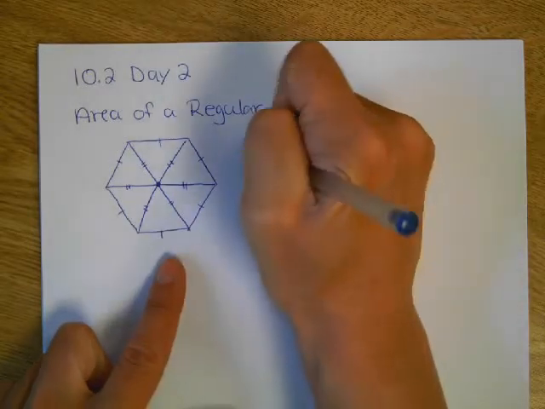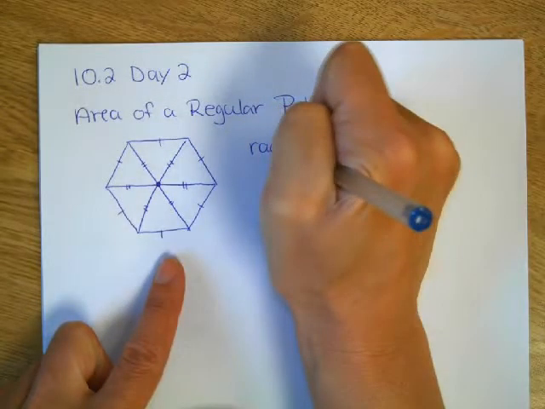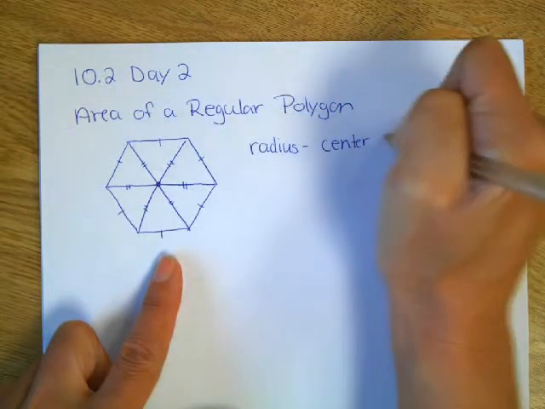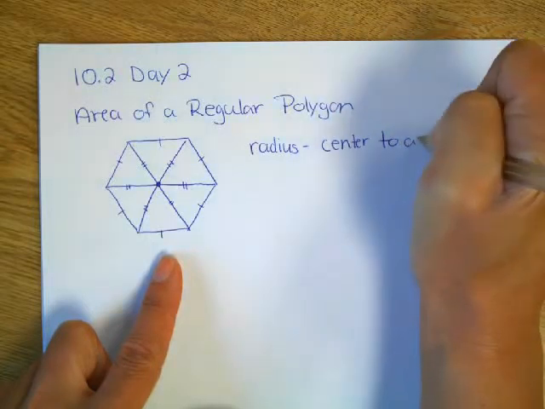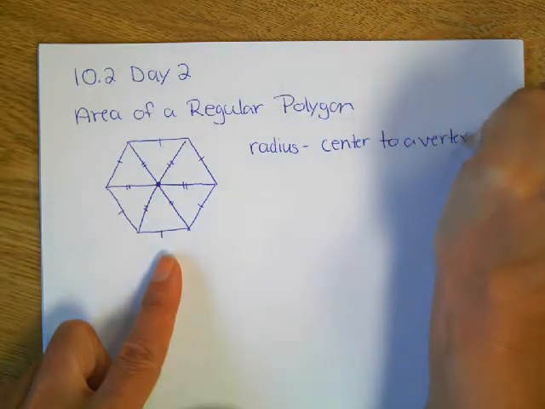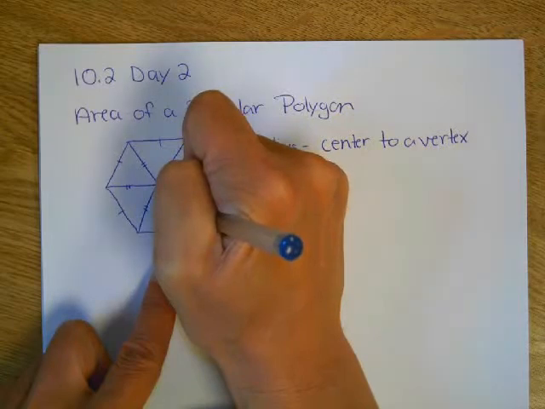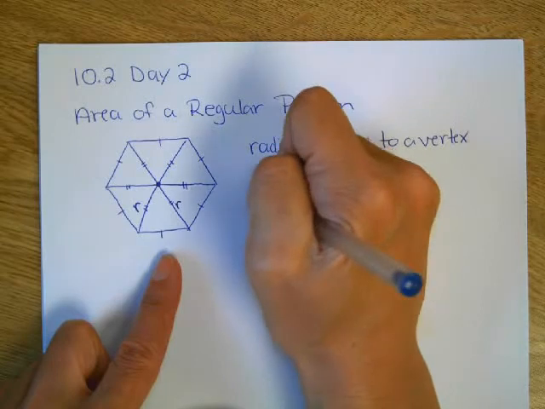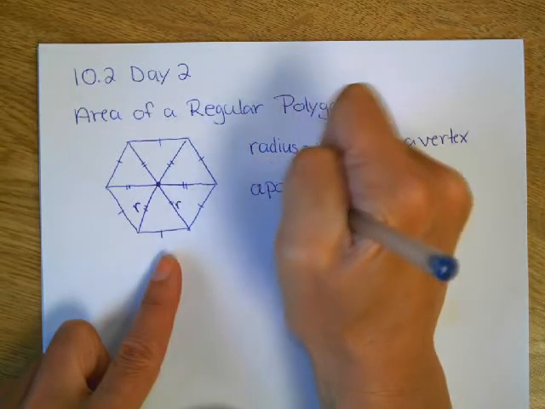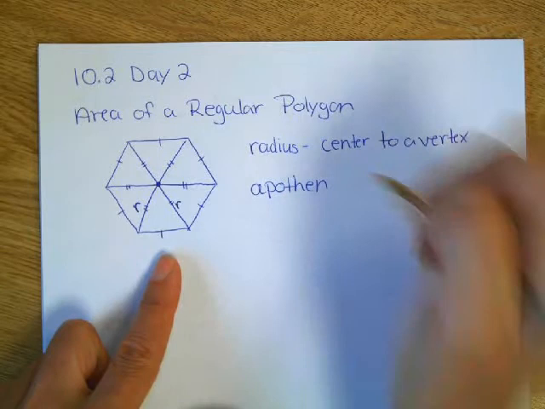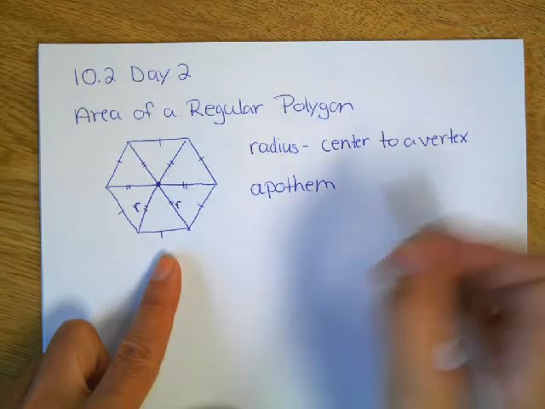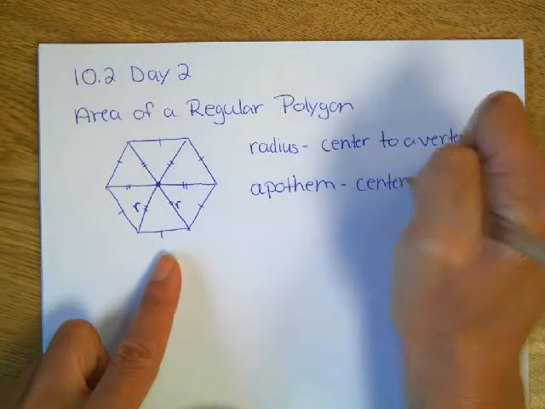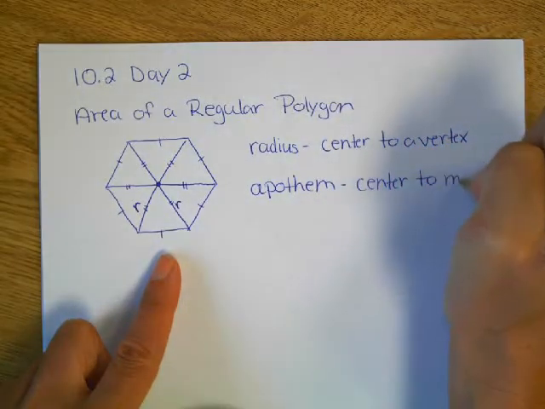But first of all, a radius is the segment that goes from the center to a vertex. That's a radius. Now the apothem, that's pronounced apothem, is a segment from the center to the midpoint of each side.